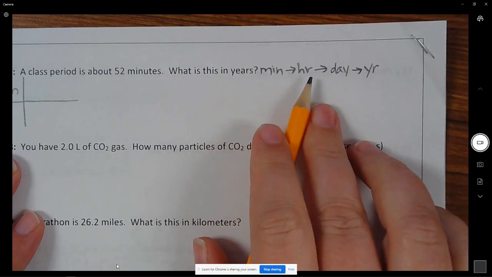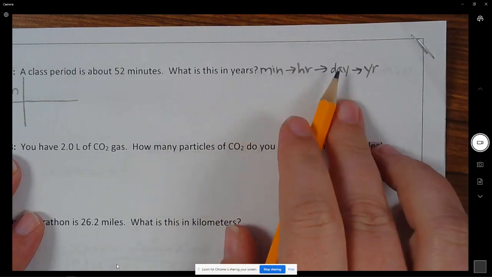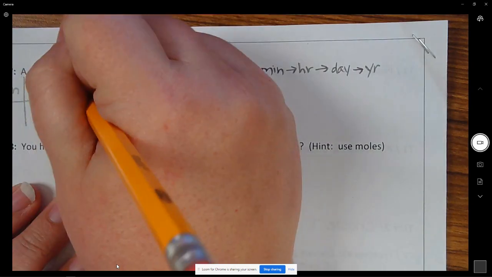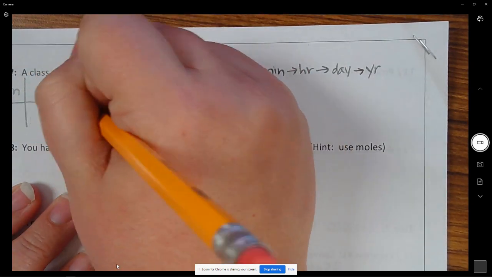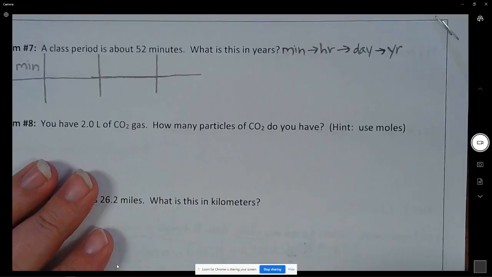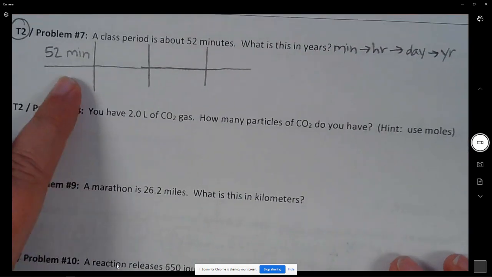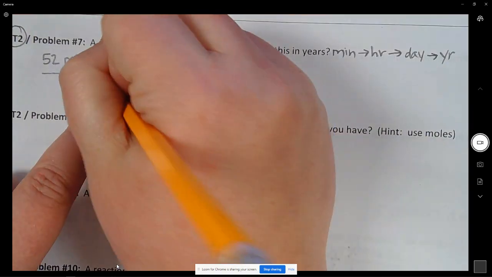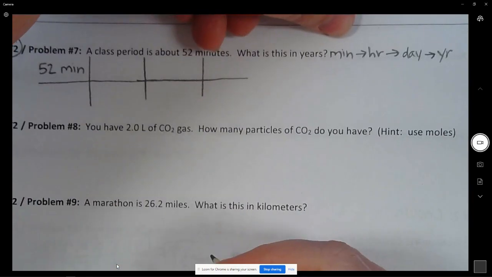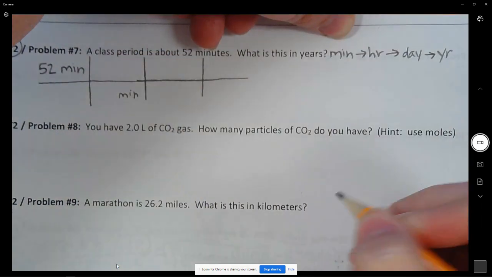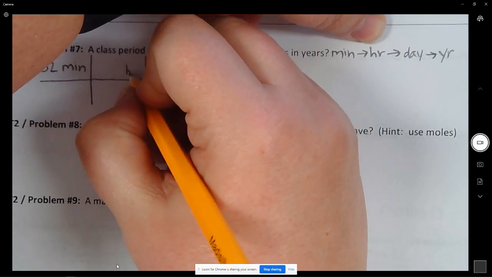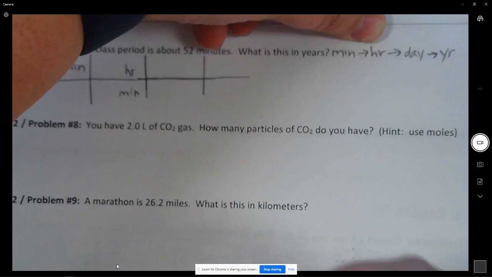So this is going to be 3 train tracks. So we need 3 train tracks. So there's 1, 2, 3 train tracks. Okay, so what I have goes on bottom. So I have minute. We're going to do this like before. I have minute. I want hours. So hours are going to go on top. I have hours.